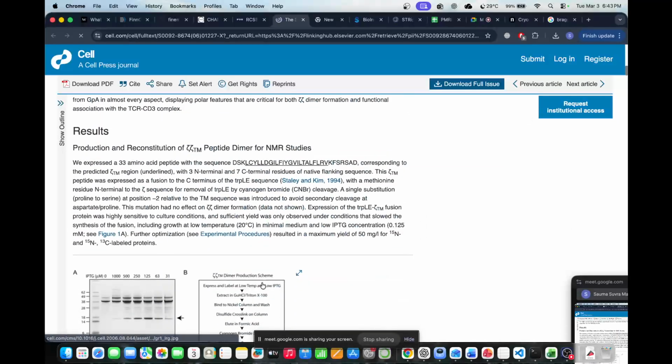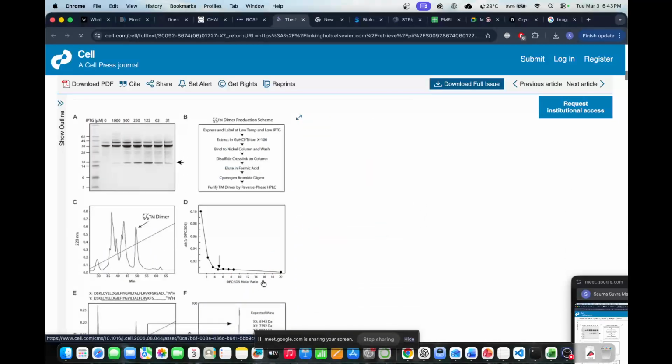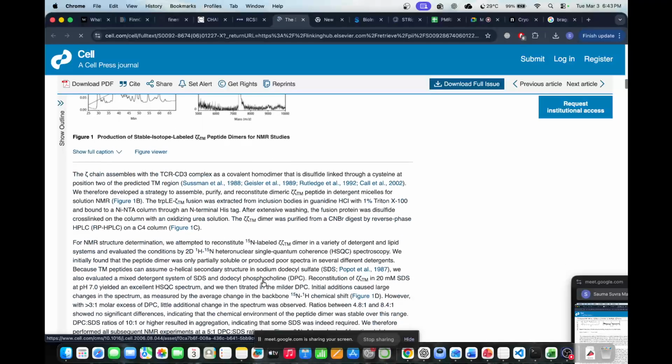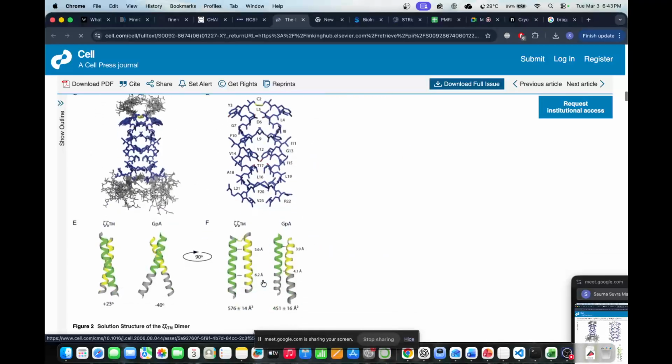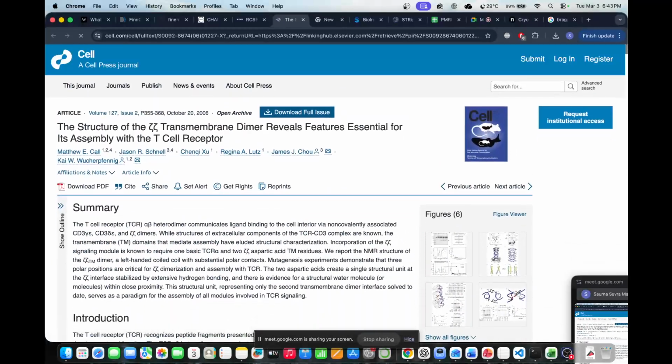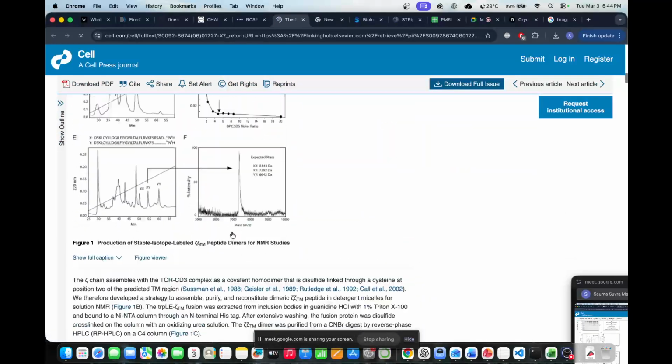If you take a look at it, they'll tell you how the whole procedure has been managed, what different methods they have used, how they have derived the structure. Mind you, this is just one molecule constructed. So this is the zeta-zeta transmembrane dimer, right? Just getting that structure is what the paper describes mostly.